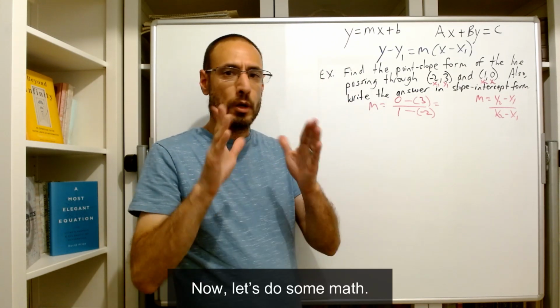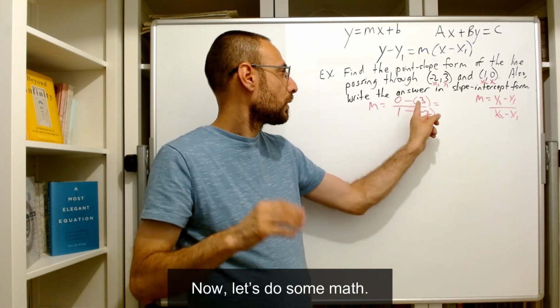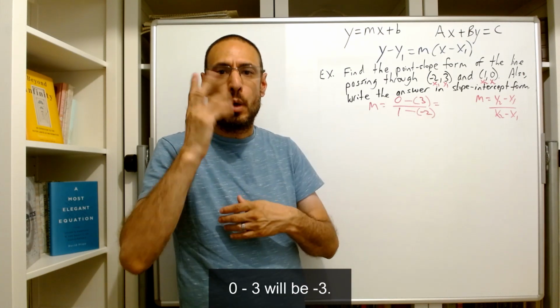Now, let's do some math. 0 minus 3 will be -3.